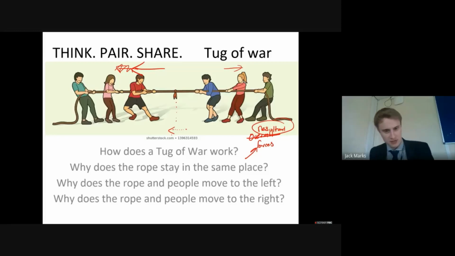So this will link to one of the ideas later that once something is moving, even if the forces are balanced, the thing wants to keep moving. You have to change the forces. You have to really put in some effort, perhaps, to stop this from happening. So all of these ideas can be explained in this chapter, and some of Newton's laws explain why we see these behaviors in the real world.